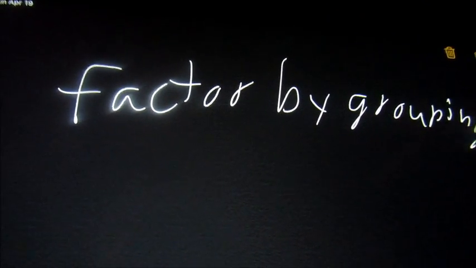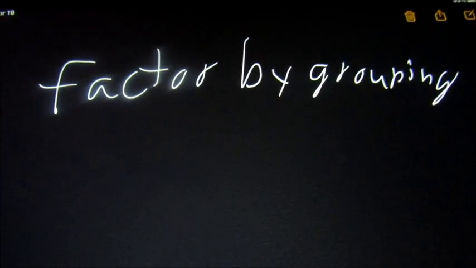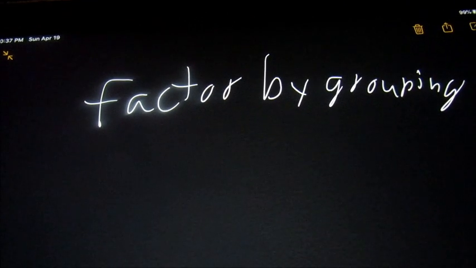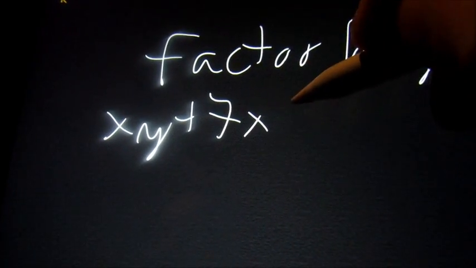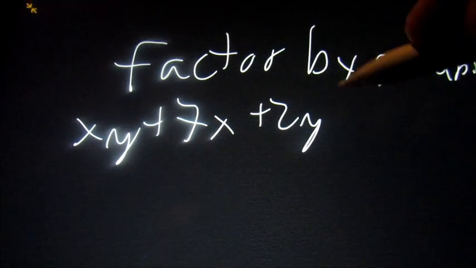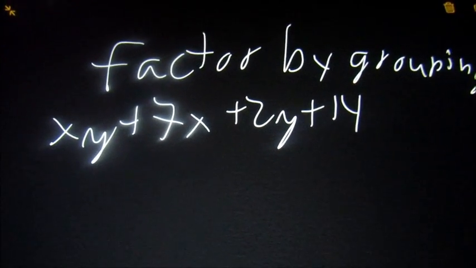What I just did was actually the last part of factoring by grouping. When we do factoring by grouping, it's going to be when there are 4 terms. So let's say we have xy plus 7x plus 2y plus 14.